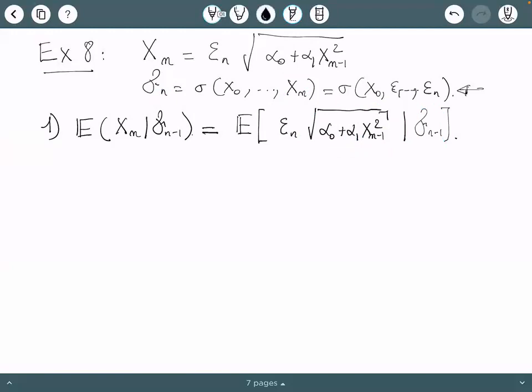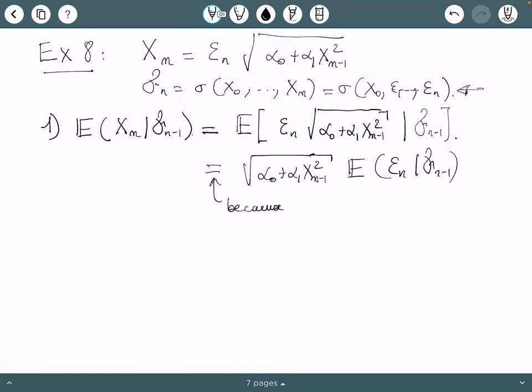So it can go outside of the conditional expectation. So it is square root of alpha 0 plus alpha 1 xn minus 1 square times the conditional expectation of epsilon n given Fn minus 1. This equality is because square root of alpha 0 plus alpha 1 xn minus 1 square is Fn minus 1 measurable.